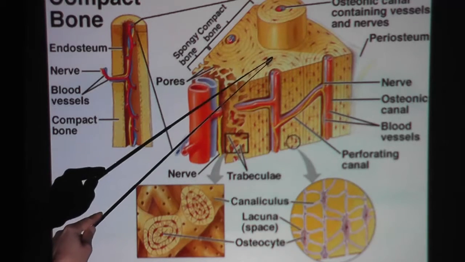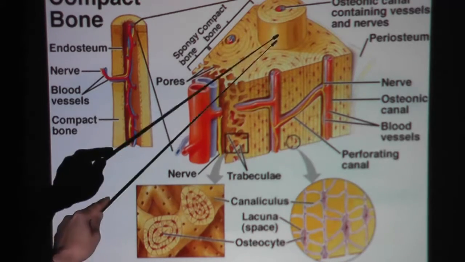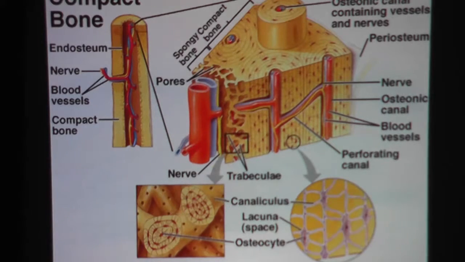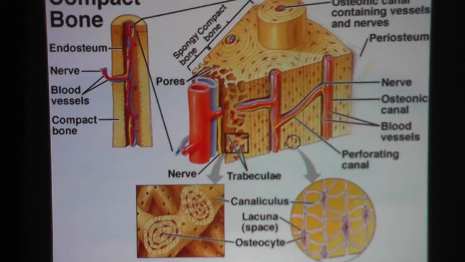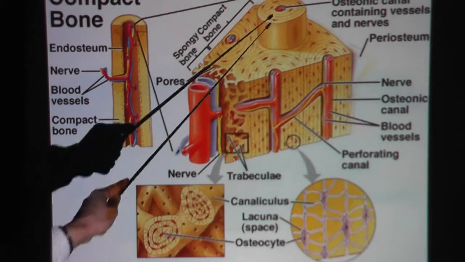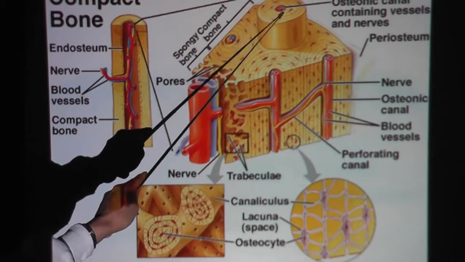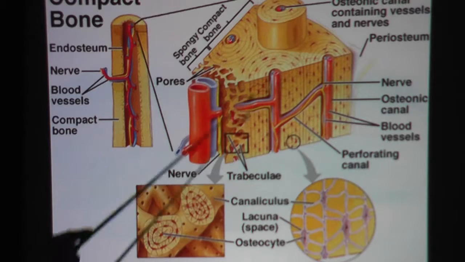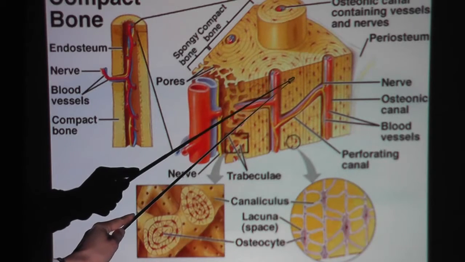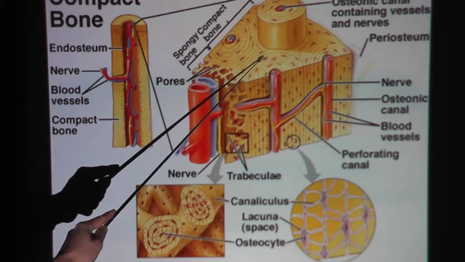In the compact bone area, we have these cylinders, these columns called osteons. And in the center of the osteon is the osteonic canal, or the central canal, is what we have on your list. And around each canal, these circles called lamella. Now, if you look down here, you see these little dark ovals.